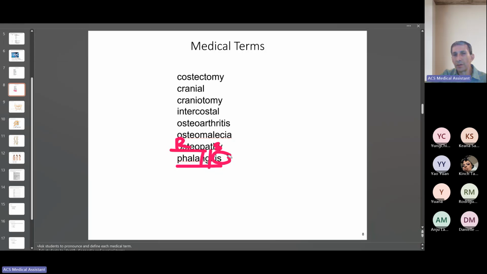Inflammation of the phalanges or the bones of the fingers. If you say fingers, phalanges, it's correct, because that's what it actually means. But in order for us to make a more specific statement, because it's not the fingers per se that are swollen, it is the bones, because we're talking about the musculoskeletal system, in this situation it's the bones.